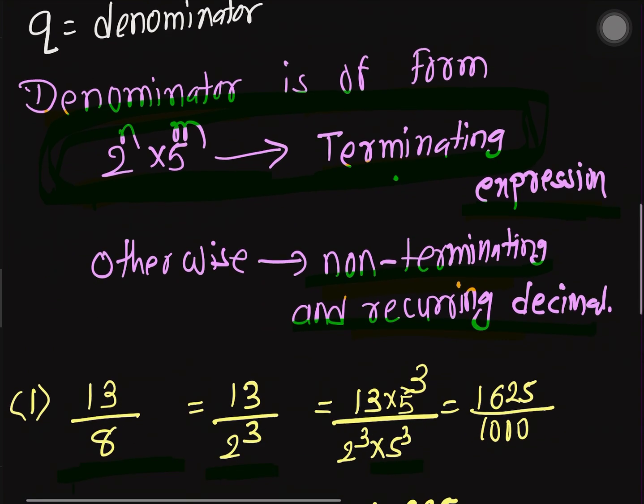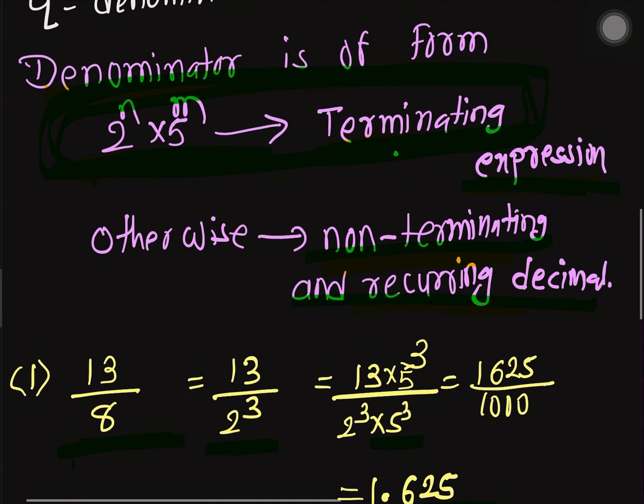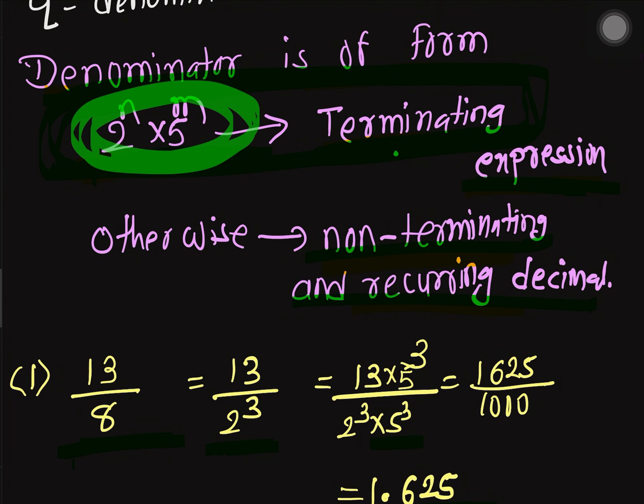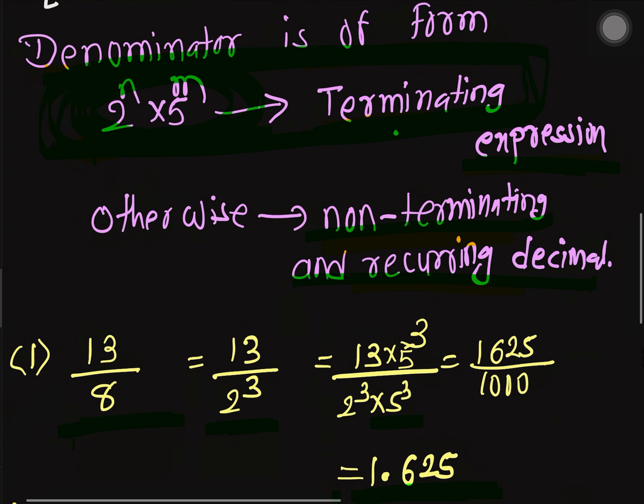For example, in some MCQs, the problem is to find whether the fraction is terminating or non-terminating. Just see the denominator. If the denominator has factors of 2 and 5 only, then it is terminating. Otherwise, if it contains, say, 3 or 7, then it is non-terminating.